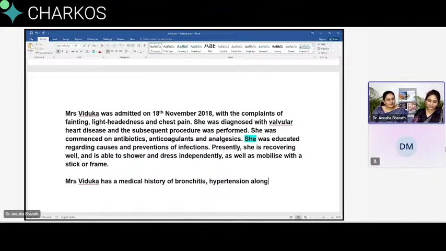Along with chest infections for the past 12 years. Now, if you see, we have used the words past 12 years. If you're using since, that is one case and past is another case, but don't use them together. All right. So for the past 12 years, shall I place a full stop?